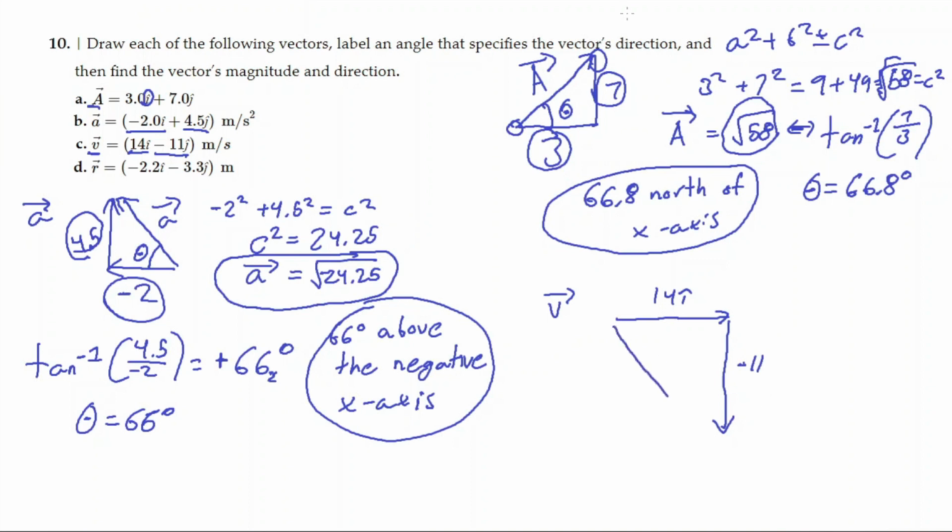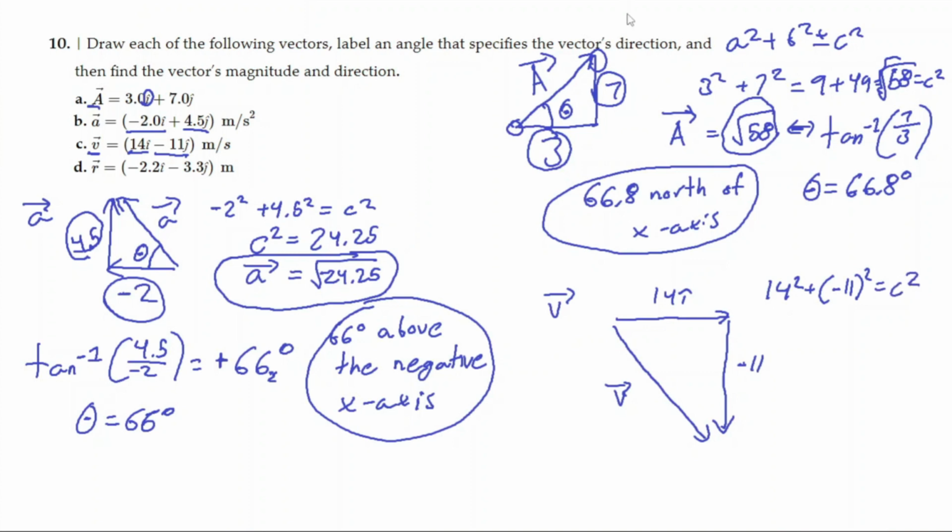Now we connect the vector, which is going to be our velocity vector. Let's first find the hypotenuse, or the magnitude of the velocity vector. So it would be 14 squared plus negative 11 squared is equal to c squared.